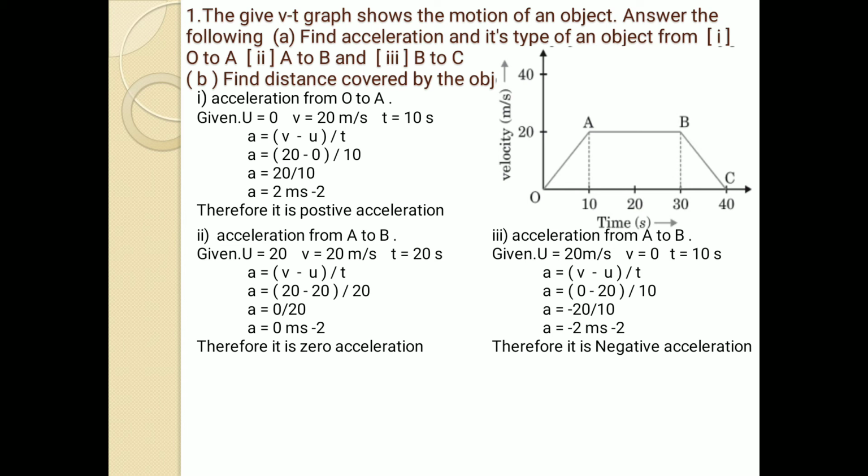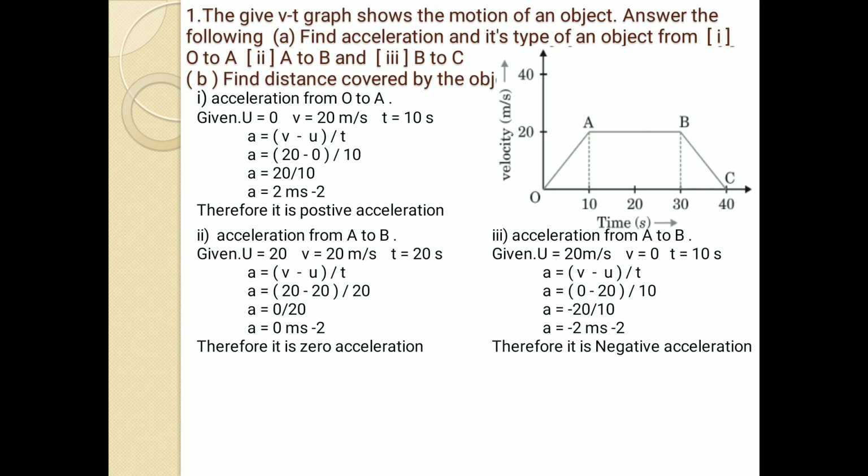Next, third one. We need to find the acceleration from B to C. Sorry, that should be B to C. Here the initial velocity is u because the object is at B, and the corresponding y-axis value is 20 meter per second only. So initial velocity is 20 meter per second. At C, finally it comes to rest, so final velocity is 0. And time taken, from where to where?